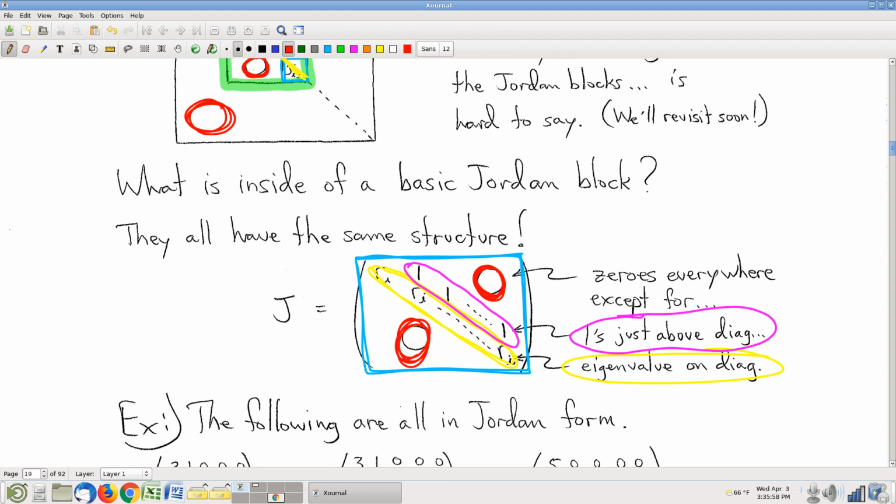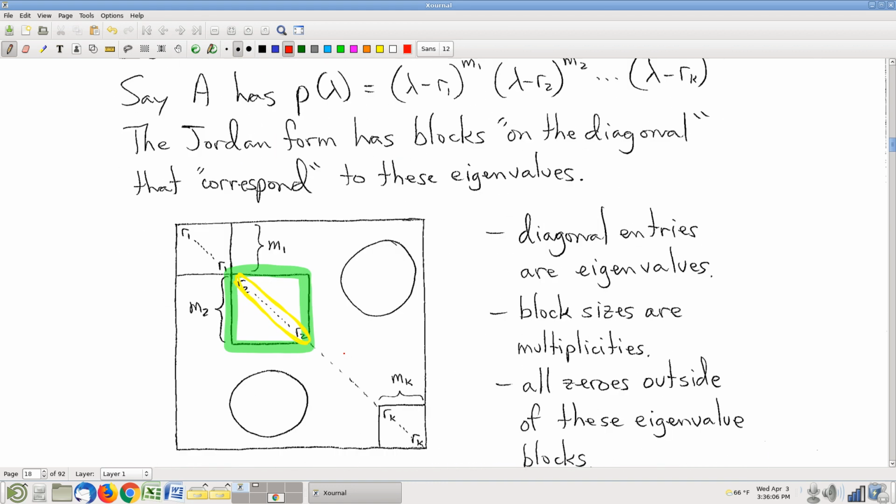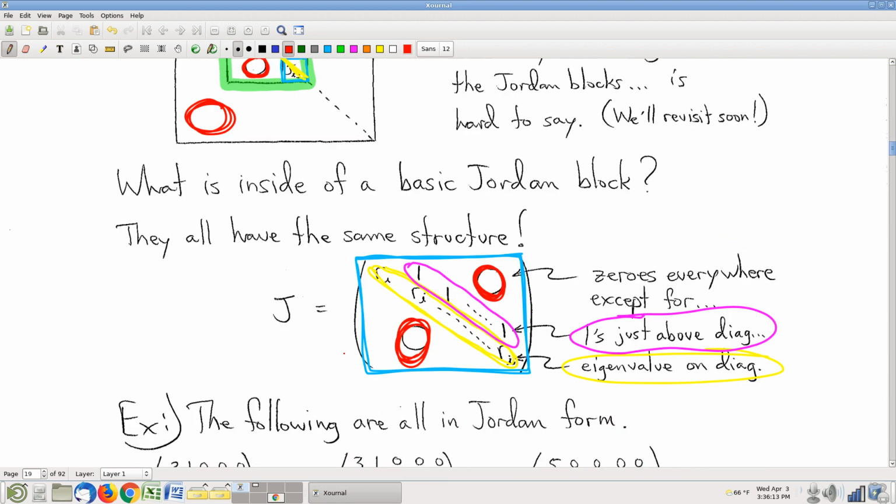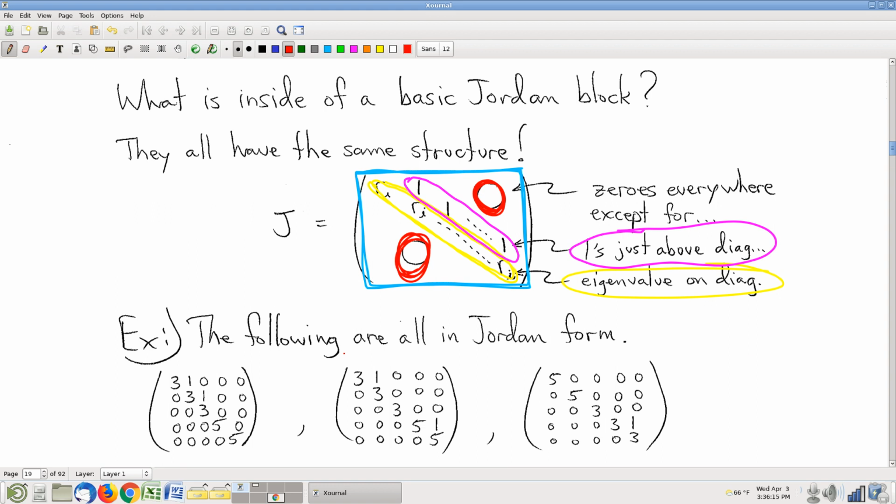This sort of parallels the diagonal by one. Okay. So there's our three structures. There's an eigenvalue block structure. Inside of the eigenvalue blocks are basic Jordan blocks. Inside of the basic Jordan blocks, it always looks like this. So those are the rules. Any matrix satisfying those rules is in Jordan form.